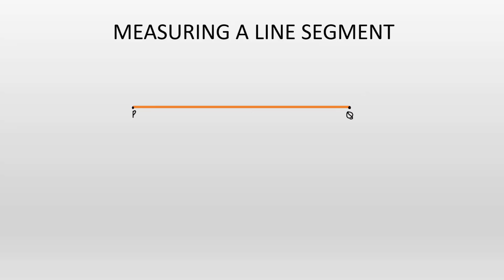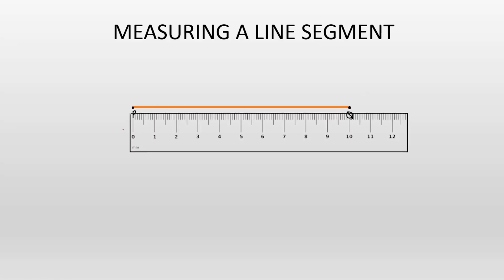We put one end of the ruler, which is 0.0, at P and then we move in the direction of Q and see at what point Q lies. Now Q lies at 10. Hence this line segment is of length 10 centimeter and we denote it as PQ with a line above it, and it is 10 centimeter.